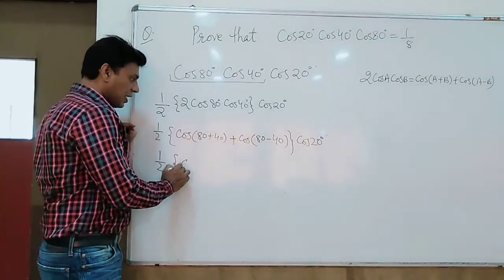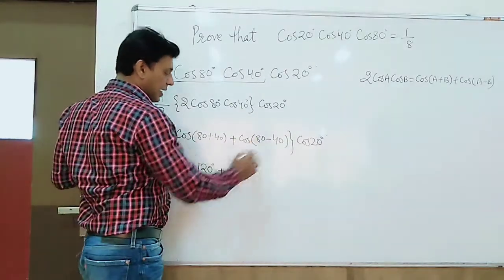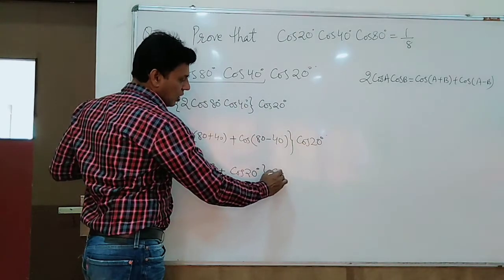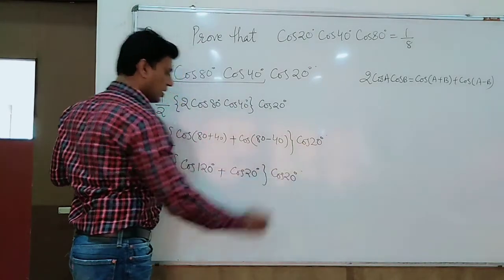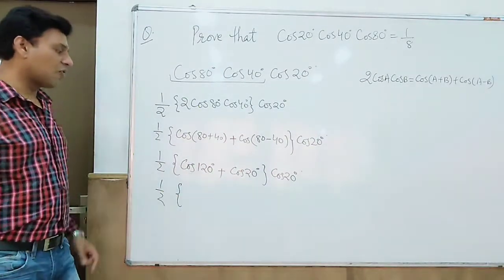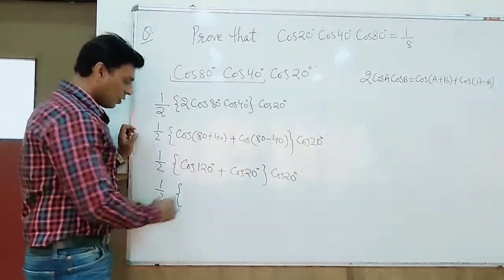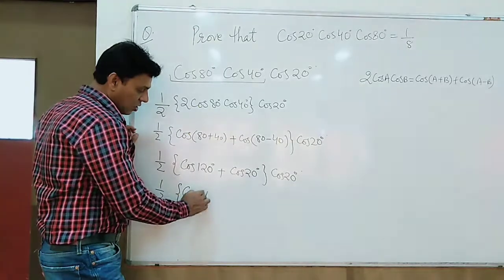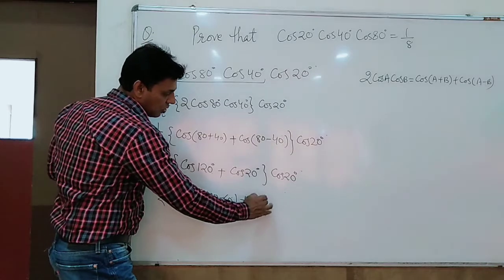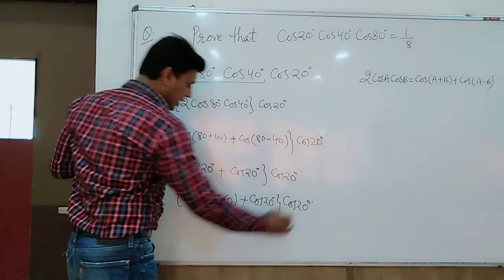Then cos 80 plus 40, so that is cos 120 degree, and then 80 minus 40, you have cos 20 degree. So again you have cos 20 degree. Now you can write the formula of cos 120 degree. How can you write it? You can write like this, 180 minus 60, plus cos 20 degree into cos 20 degree.